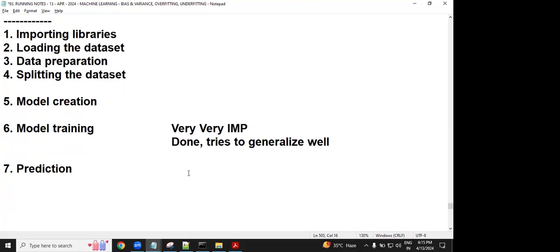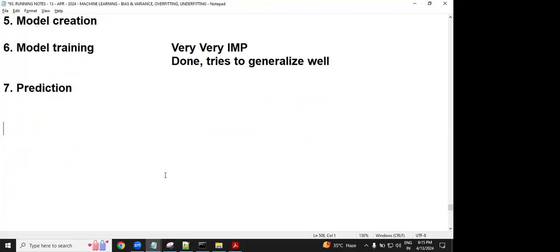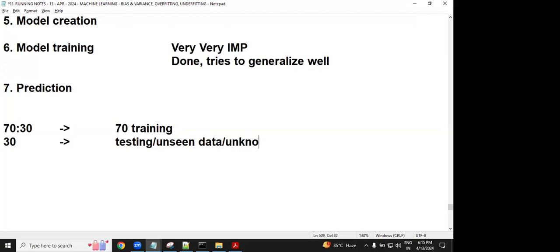Best example, I hope you already know. My father did the dataset division, 70 into 30. The 70 percent dataset is used for training, and the 30 percent dataset is called the testing dataset. This is also called unseen data, also called unknown data.